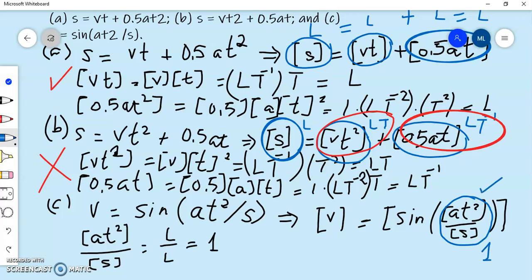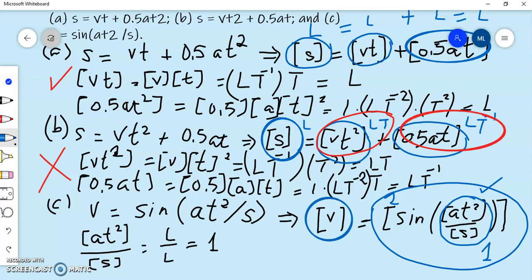Right? And psi, as an angle or a radian, is also a 1. So over on the right-hand side here, we have this quantity giving us 1. But on the left-hand side, the dimension of v is L T to the minus 1. So obviously, they are not equal.